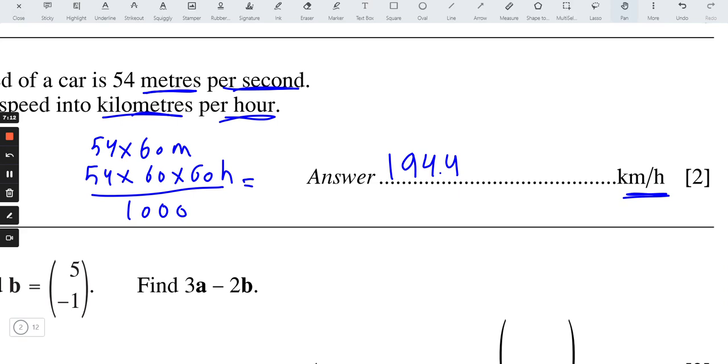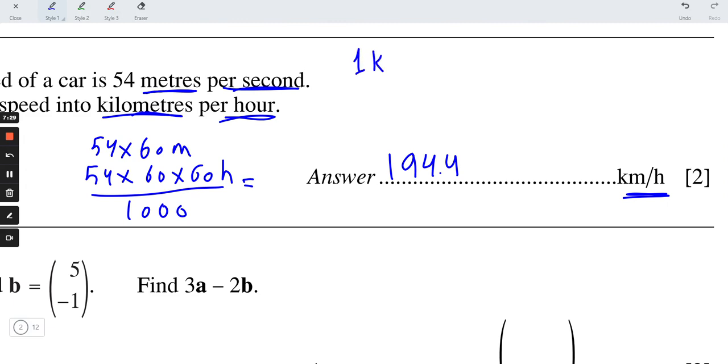So you have to multiply 54 times 60 times 60. That means you are multiplying by 3600, and then dividing by 1000 to get kilometers. We know that 1 kilometer is equal to 1000 meters.